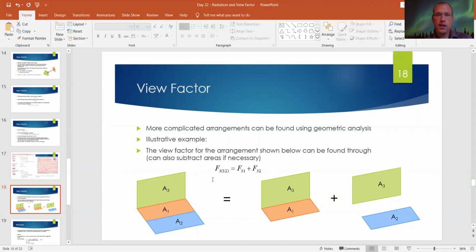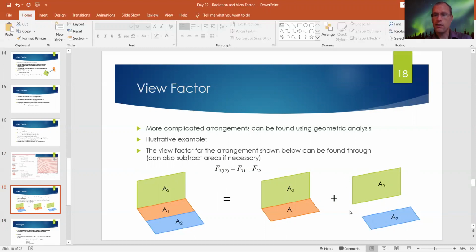Now, I would never actually calculate this equation in this form, because for F3,(1,2), I can just combine A1 and A2 into one big area, and I can find that view factor straight from the table. So I never actually calculate it this way. But what I would calculate is this one here, because this one is not in the table. I don't have a table with a hole in it.